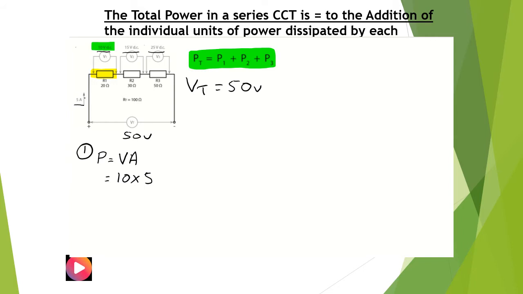So there's 5 amps flowing through R1 and R2 and R3. So 5 times 10, or 10 times 5, is 50 watts. So this resistor here is dissipating 50 watts. Okay, so PR1.